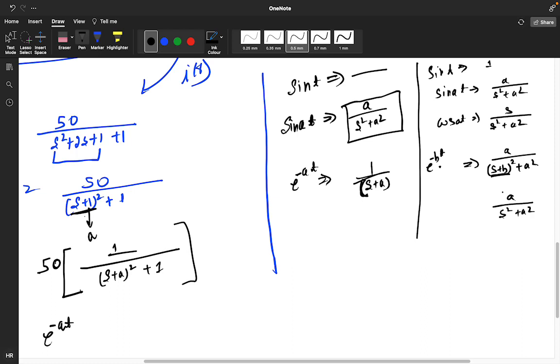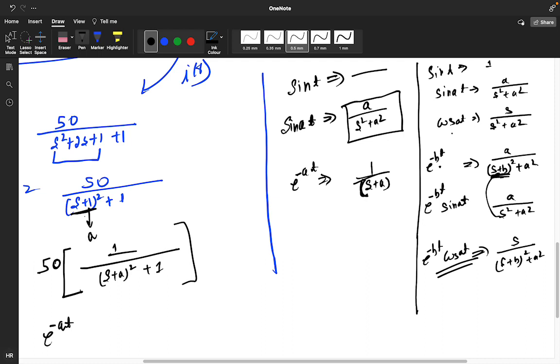That means you are getting sine at, but you are not getting s here. B is also there, so you have to write e power minus bt. That is known as a delay function. If it is s divided by (s plus b) the whole square plus a square, the meaning is e power minus bt cos at.